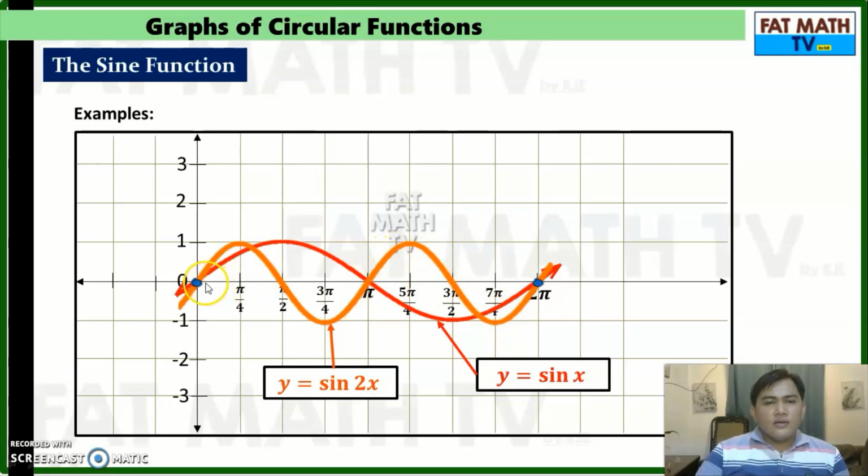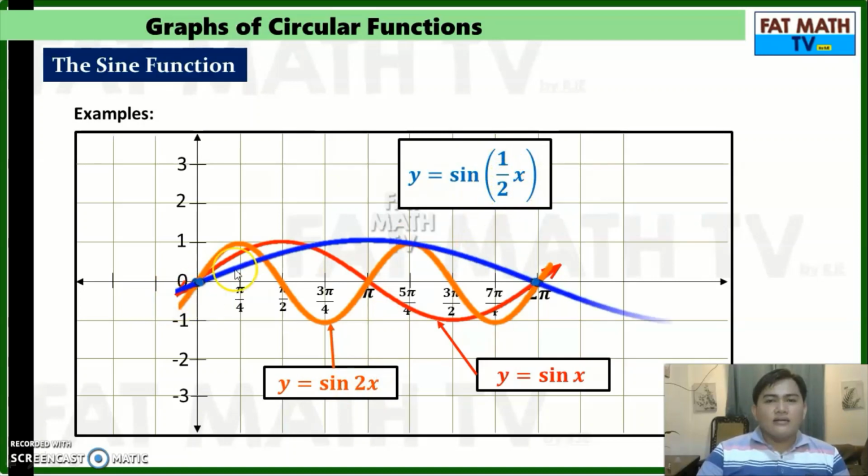So if you have a number 2 here, actually the graph is shrunk horizontally. From 0 to pi, there's already a complete cycle, and then it will repeat from pi to 2 pi. So that's the effect that it created if you have 2 here. How about if it's 1/2 there? What will happen?